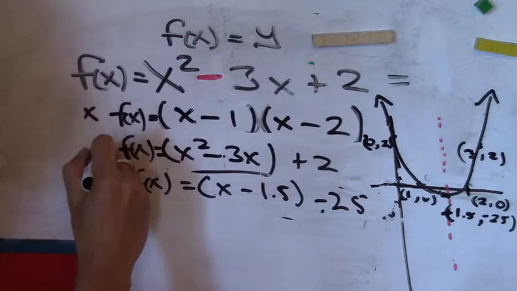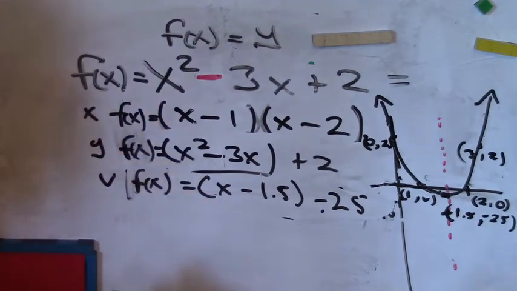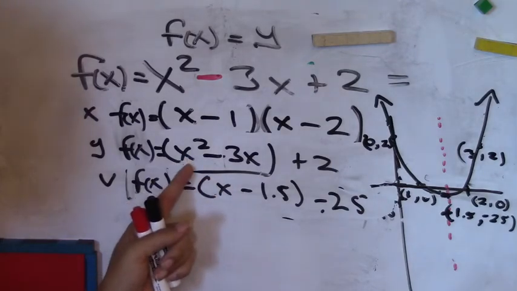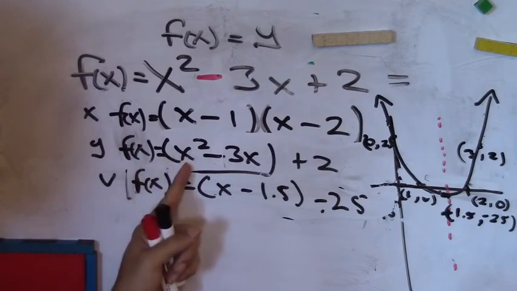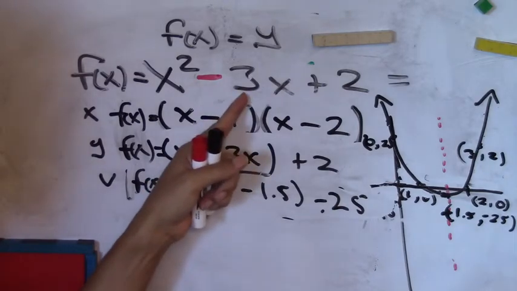X, get the y, get the v. As easy as 1, 2, 3. Now here, there's 2 solutions. 0 works and 3 works, which is the opposite of that.